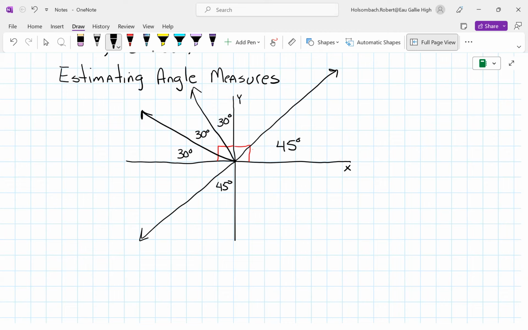Down here on the bottom in quadrant 4, we've got another 90-degree angle. So if I highlight this angle right here, I'm just going to call it the yellow angle for right now.